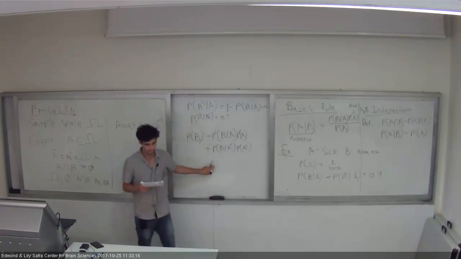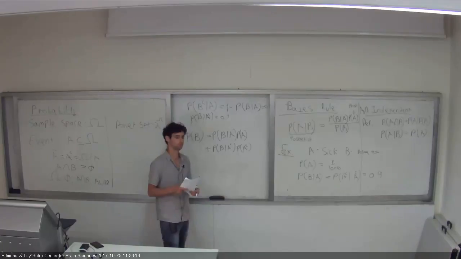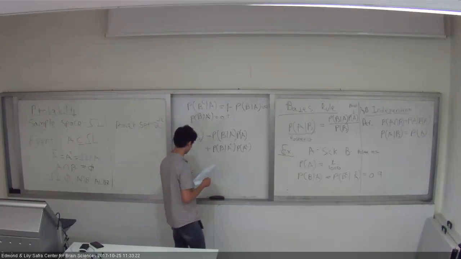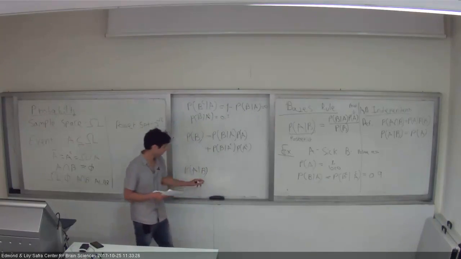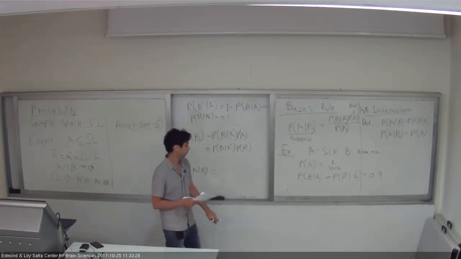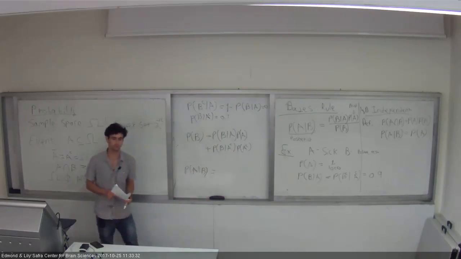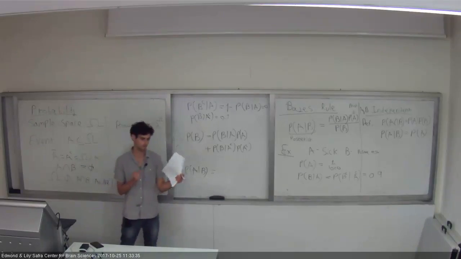Okay? And now, when we want to answer the question and ask what is the probability of P of A given B, how can we find it? Based on the fact that we have all these probabilities. Right.